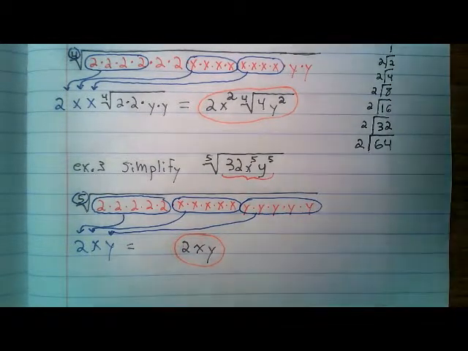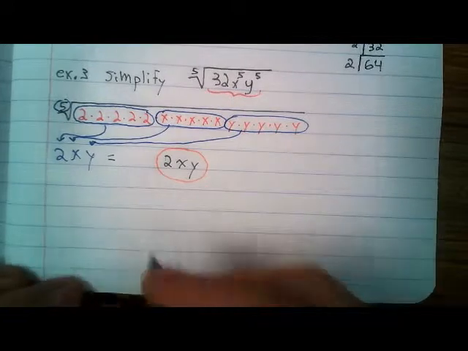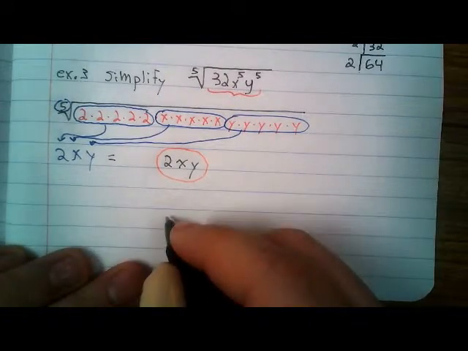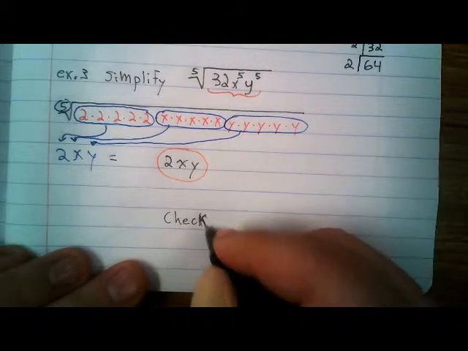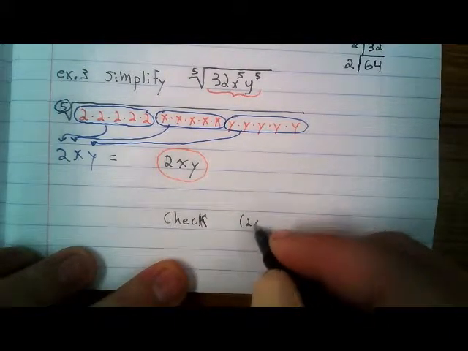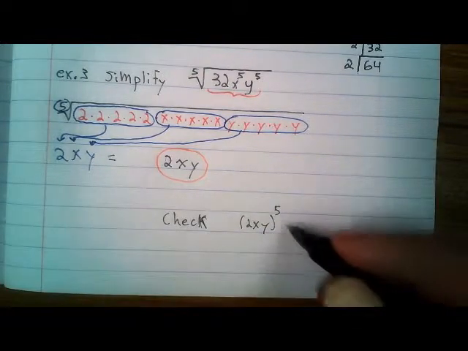And if I wanted to check my answer, since I know that taking the fifth root of something is really just the opposite of raising something to the fifth power, right?